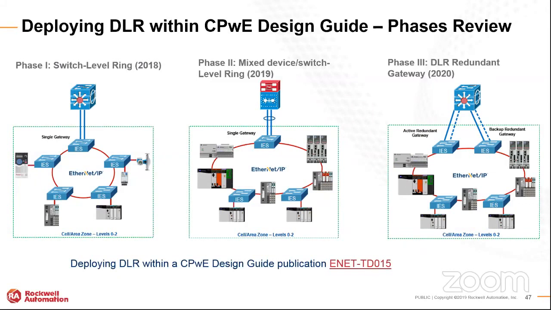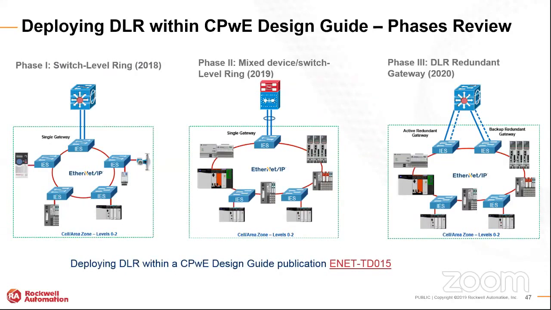So over the past couple of years, Rockwell has released what they've called phases 1, 2, and 3 up to this point. Going back to 2018, they did what was called phase 1, which was basically that architecture we just saw with the REP ring, but as a device level ring of switches.